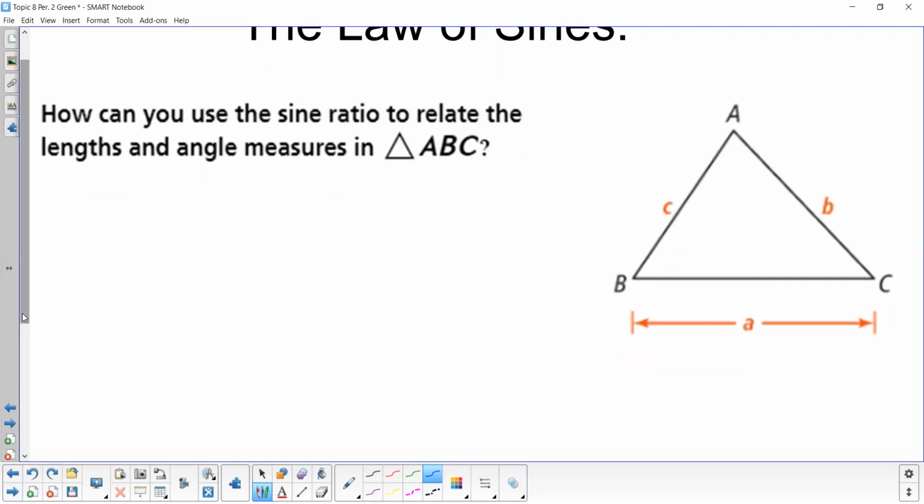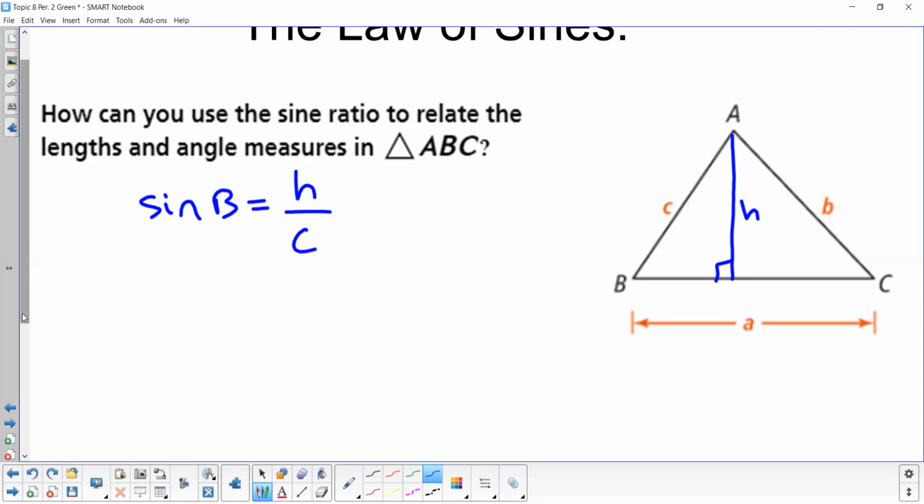So here's the thing. Check it out. Say I were to draw this in, and I'm going to call this H. What's the sine of B? And you guys can just watch this part, because this is sort of a derivation of where the law of sines comes from. What's the sine of B, using my right triangle on the left? H over C, right?